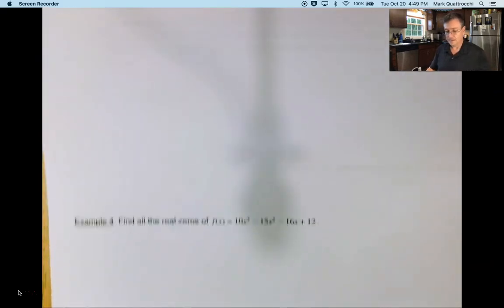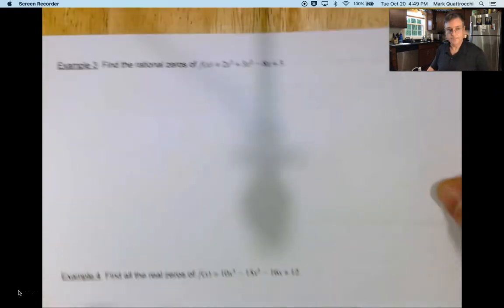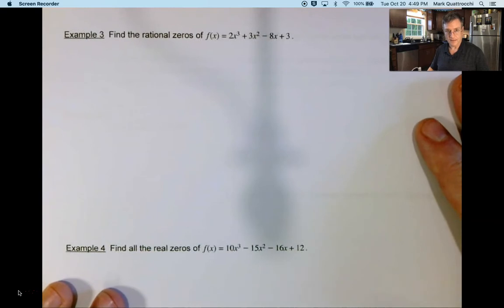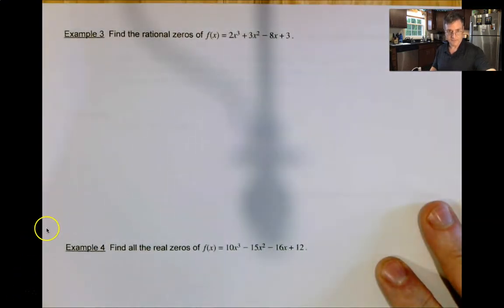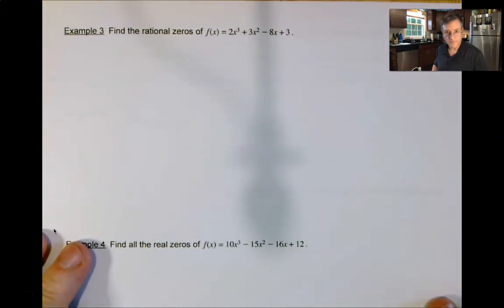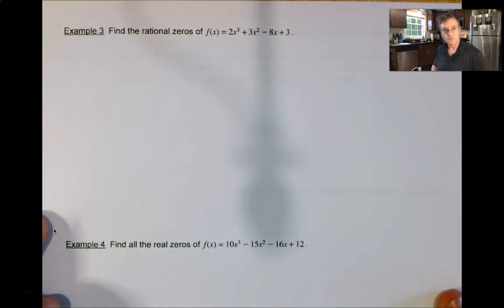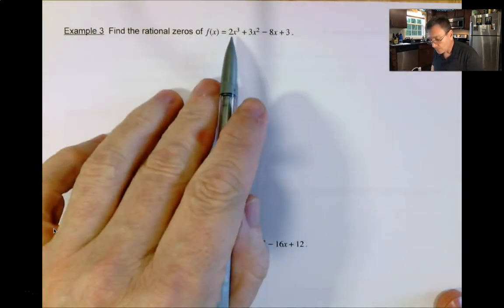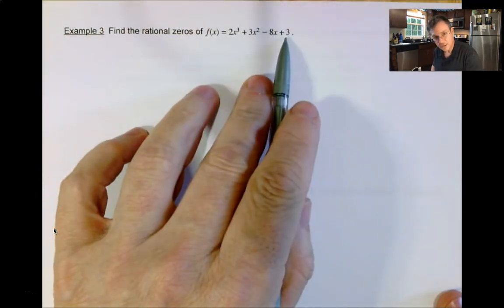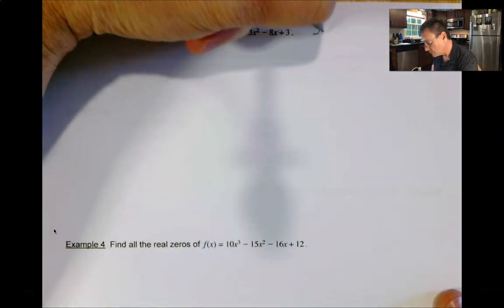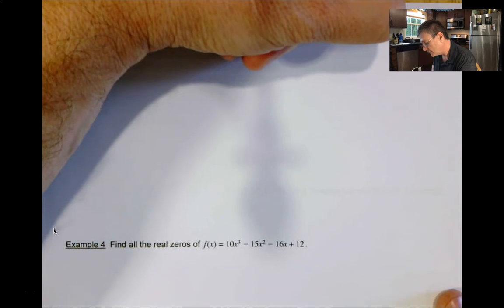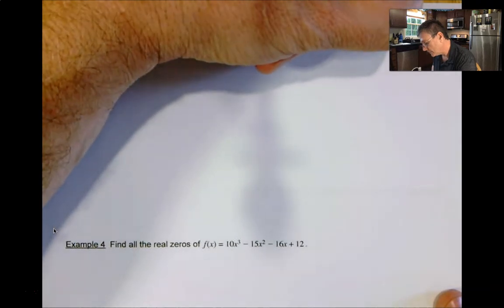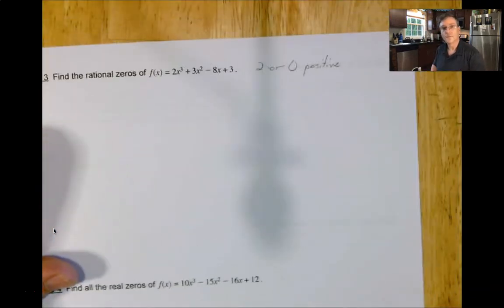All right. Example 3. Find the rational zeros. Let's hit it with Descartes' rule of signs first. 2 changes, so 2 or 0 positive real zeros.